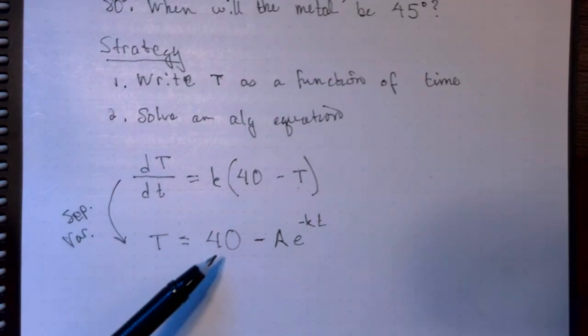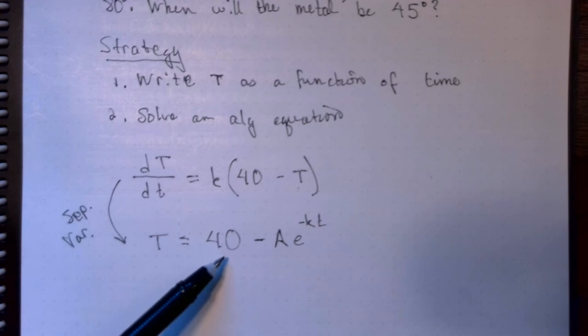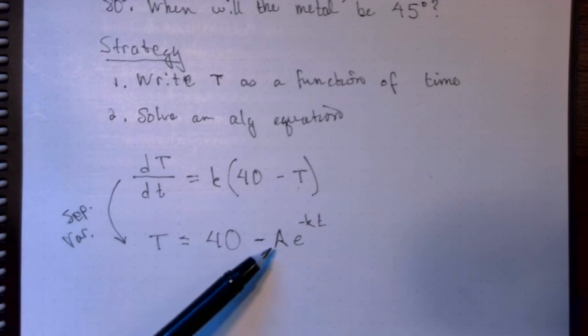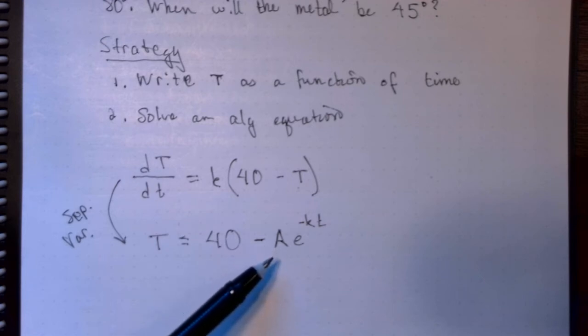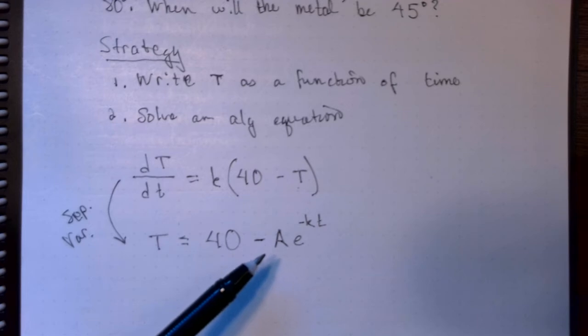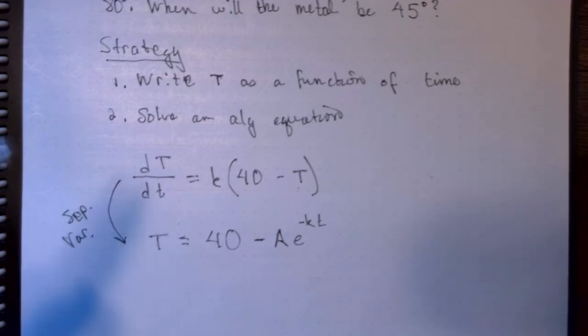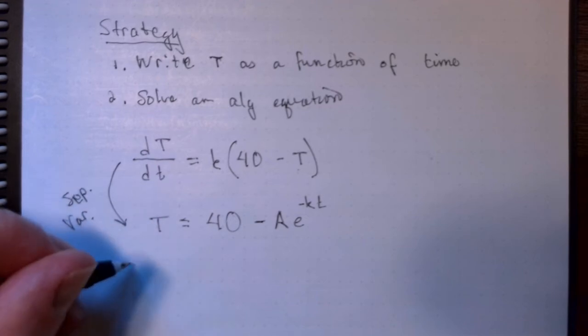If you look back, you'll remember that we had the temperature of the medium right here. I said A depends on the initial temperature of the object, but is not equal to the initial temperature of the object. So let me show you what's happening here.